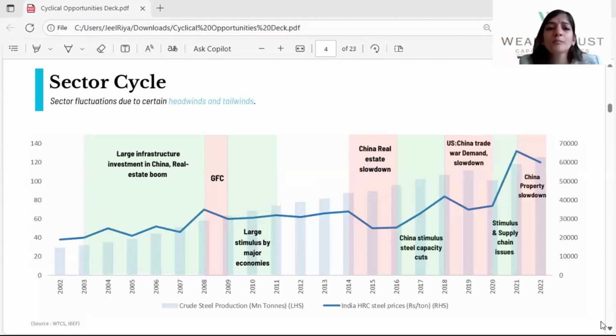But if you're not in a particular stock at the right time, you have not captured the cycle. Even though it's a great company, everything works well bottom up, and the demand is increasing, because of these external factors which you've not taken care of, getting into even a good company at a bad time won't reward you.